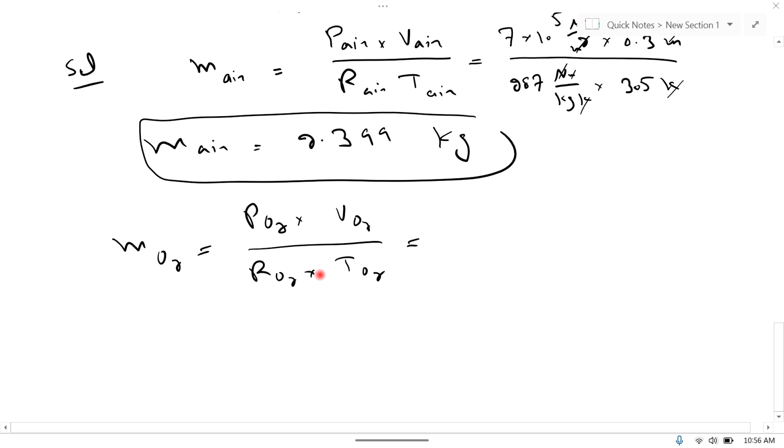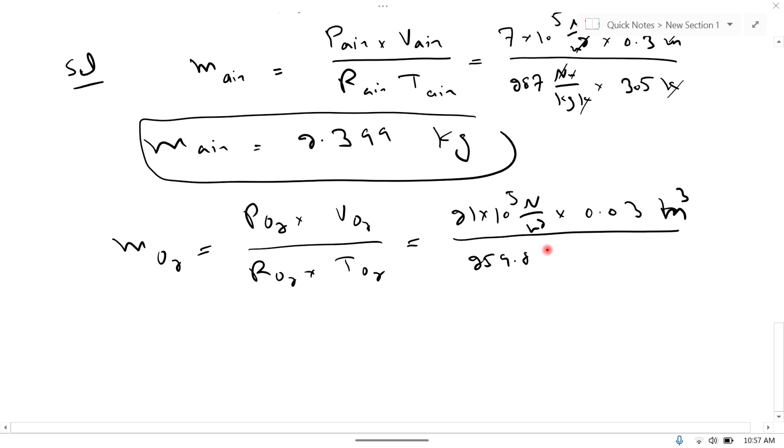The temperature here is not 288 but 305. The pressure is 21 bar, 21 multiplied by 10 power 5 Newton per square meter, and the volume is 0.03 cubic meter, divided by the value of R for oxygen, which is 259.8 Newton meter per kilogram per Kelvin.